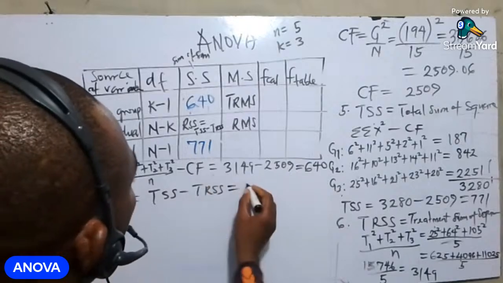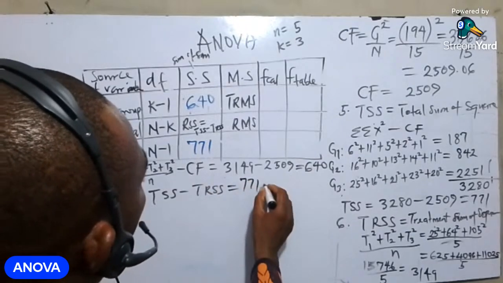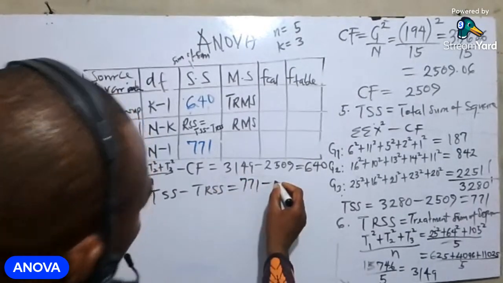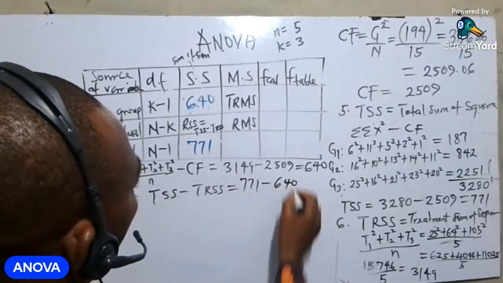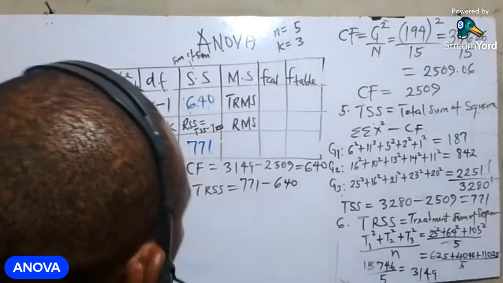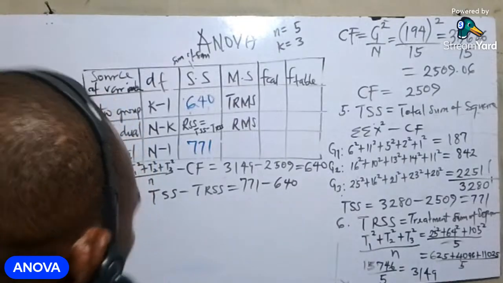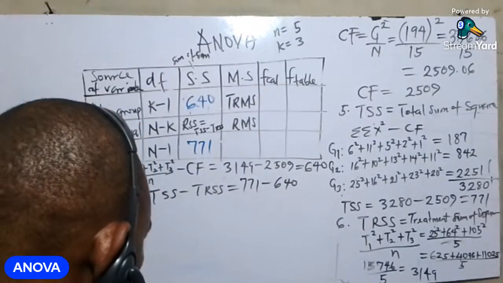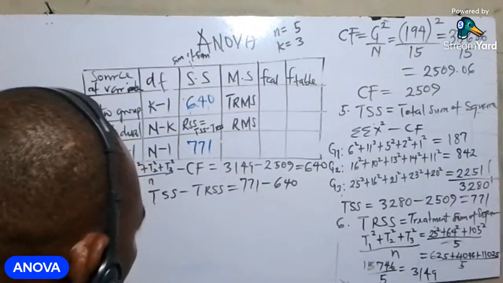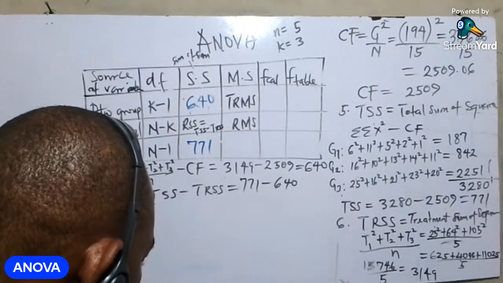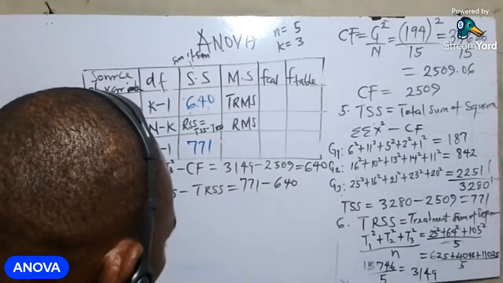So this place is just 771 minus 640. So let's take that away from each other, and you see that we're almost done. That's 771 minus 640. So that will give us 131.